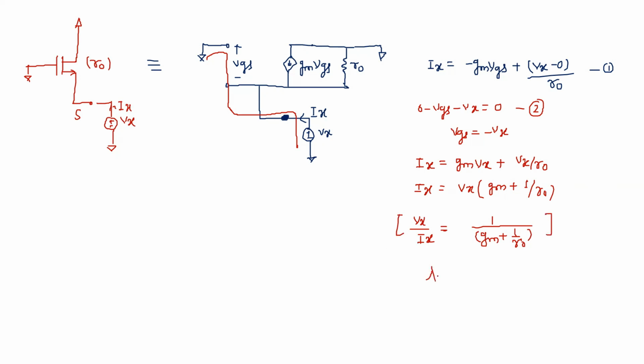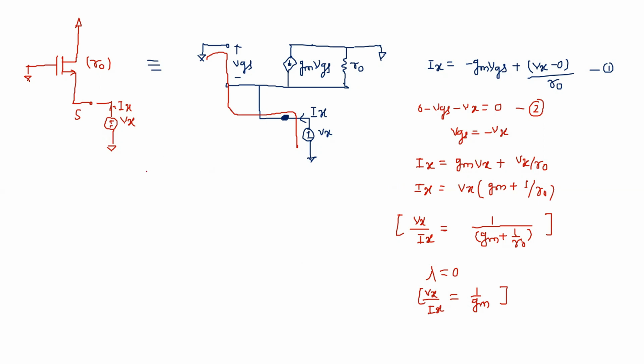If lambda is 0, means no channel length modulation, means r0 is infinite. In that case, this Vx by Ix will be 1 upon gm. So in the simple model, when we look from the side of source, we have the impedance 1 upon gm if channel length modulation is not considered, and it is 1 upon gm plus 1 upon r0 if CLM is considered.